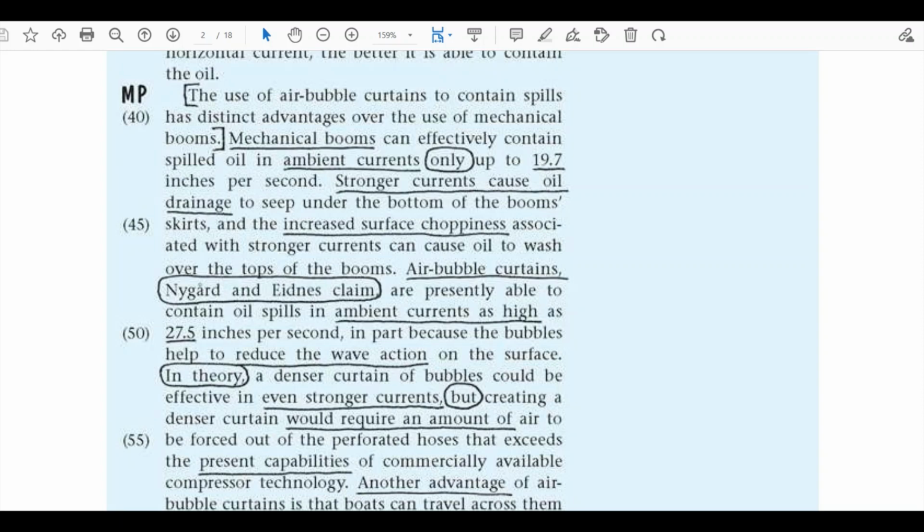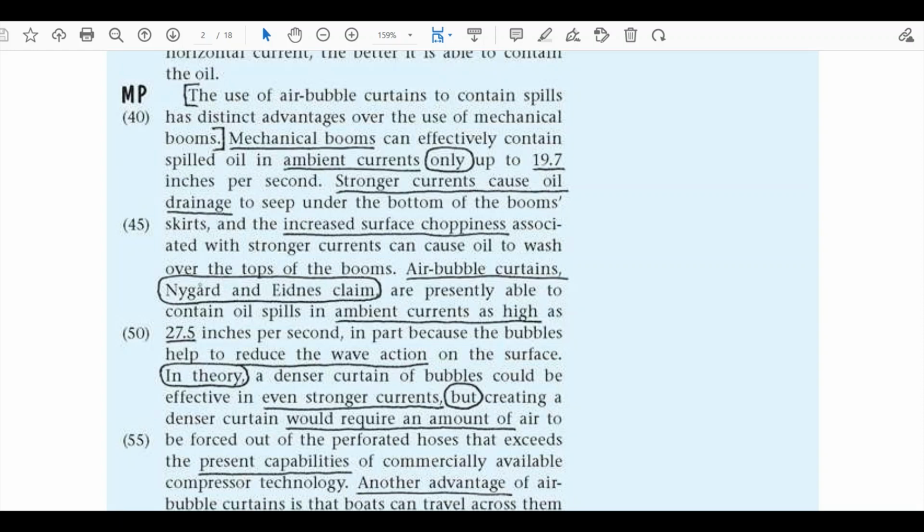Stronger currents cause oil drainage to seep under the bottom of the boom skirts, and increased surface choppiness associated with stronger currents can cause oil to wash over the tops of the booms.